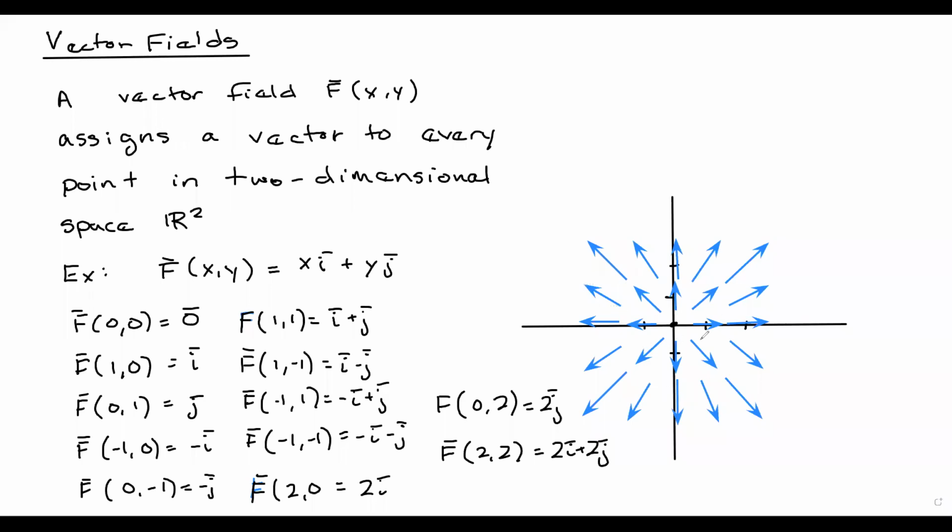All right, so how would we describe what this looks like? As we move away from the origin, the vectors become longer and longer, and they move out in a direction represented by where they're located. You move in a straight line away from the origin.